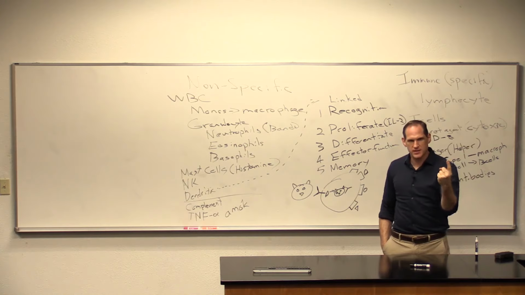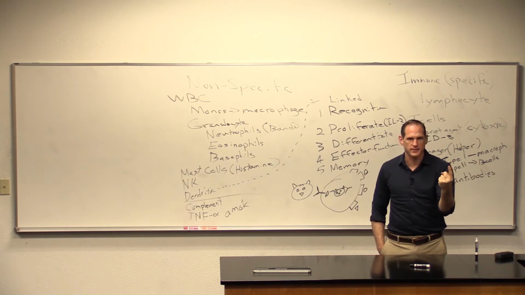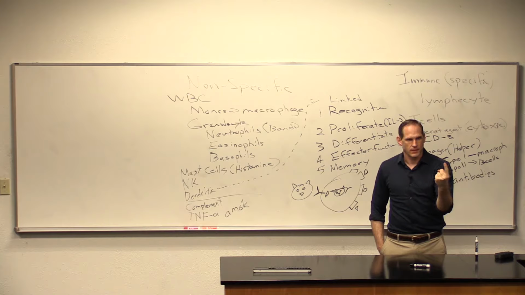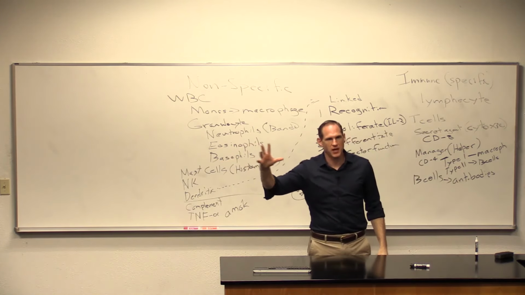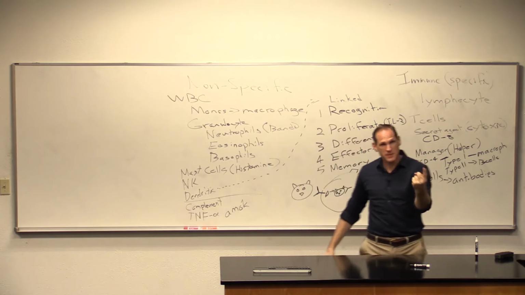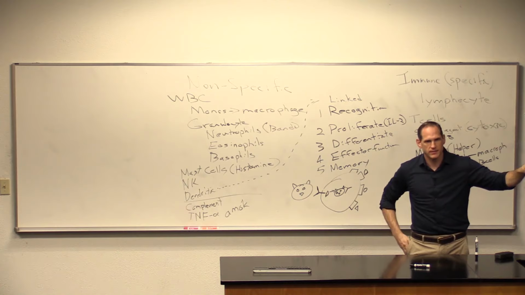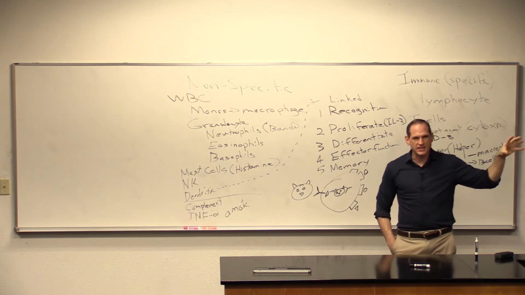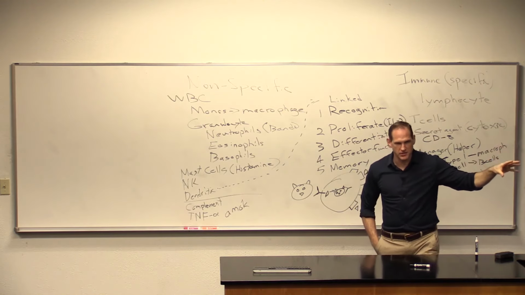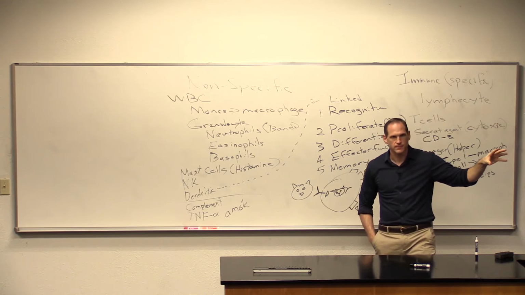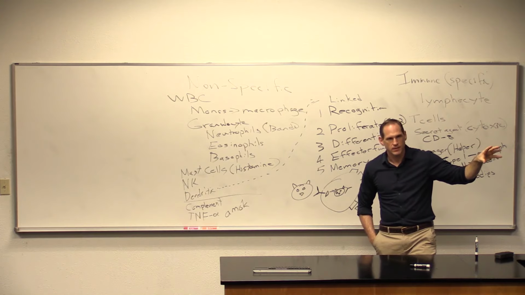First of all, what does the presenting? In the case of a T cell, another cell presents the antigen. In the case of the B cell, it itself presents the antigen to what? A helper T cell. What does the activating in the B cell's case, in linked recognition? The T cell.